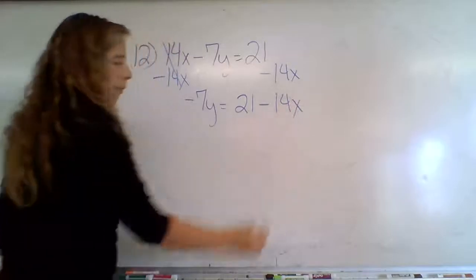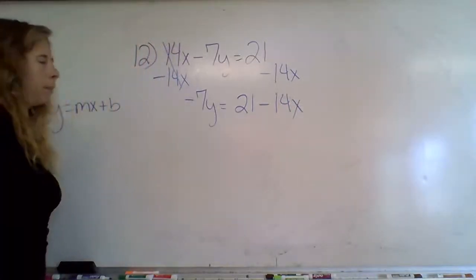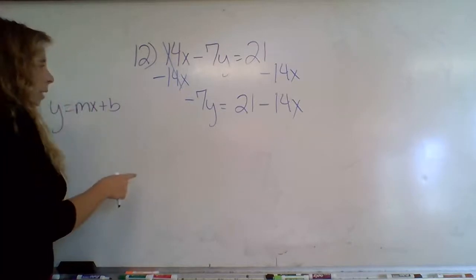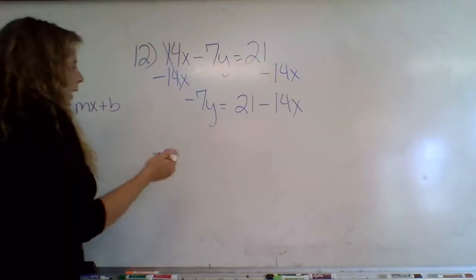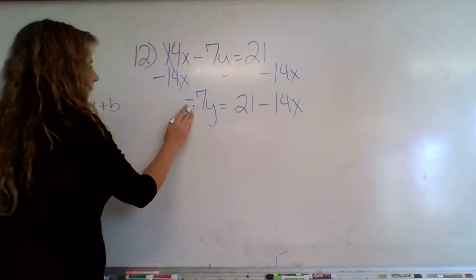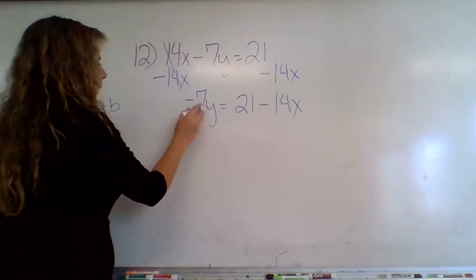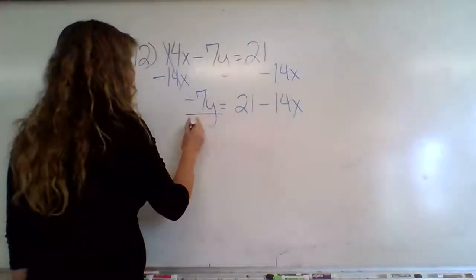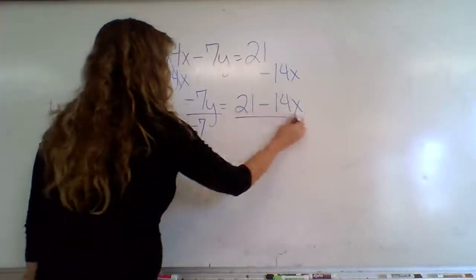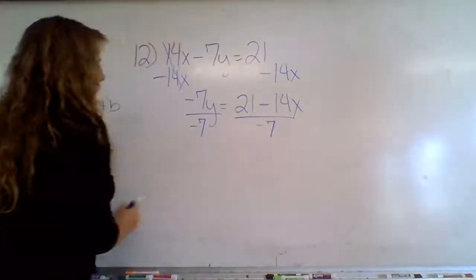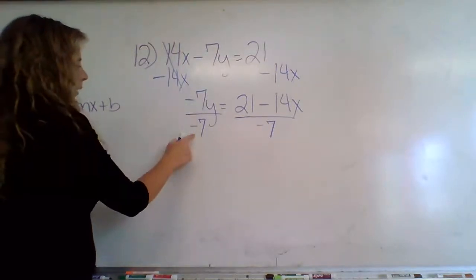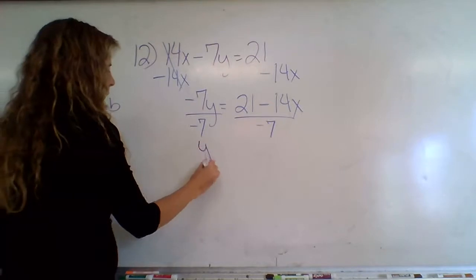All right. So then your next step here is, this is negative 7 times y. You're multiplying these. So you have to do the opposite, so divide. We're going to divide both sides by negative 7. So on this side, negative 7 divided by negative 7 is 1, so you're just left with y.